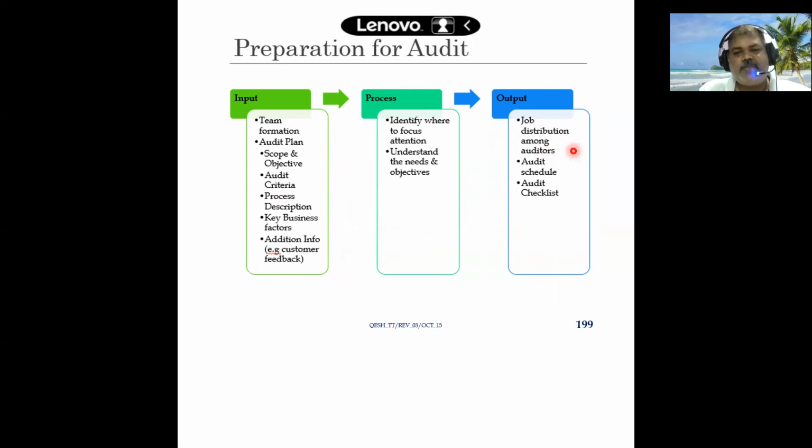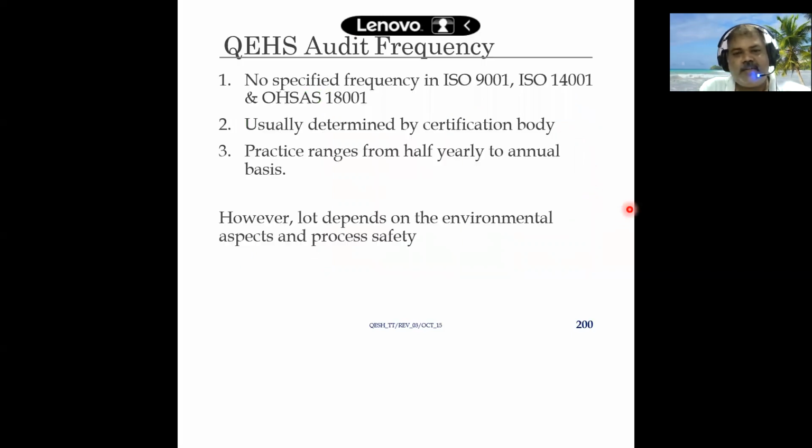Here you need to have a job description, distribution among the auditors, then audit schedule and audit checklist. So they have to take note of that. Okay, there is no specific frequency in ISO 9001 and 45001 also. Usually determined by the certification body, and practice ranges from half yearly to annual basis.